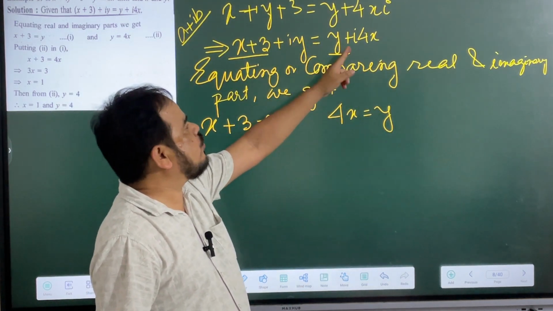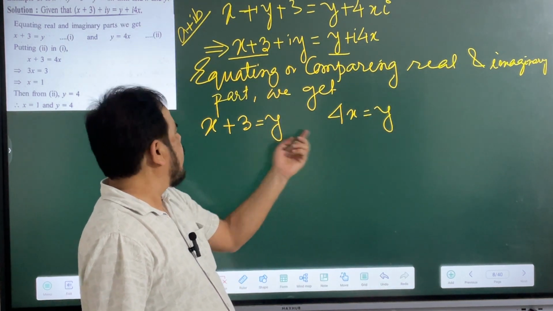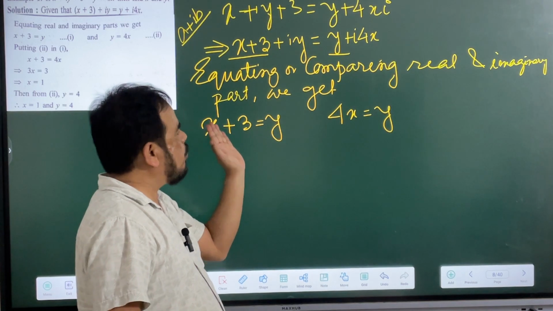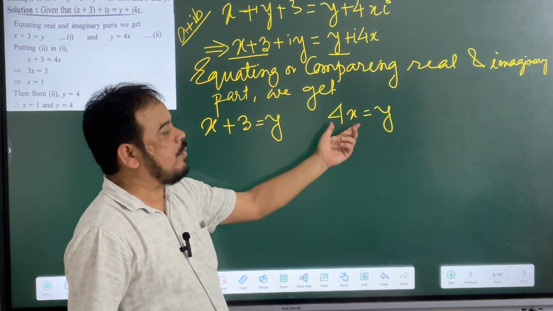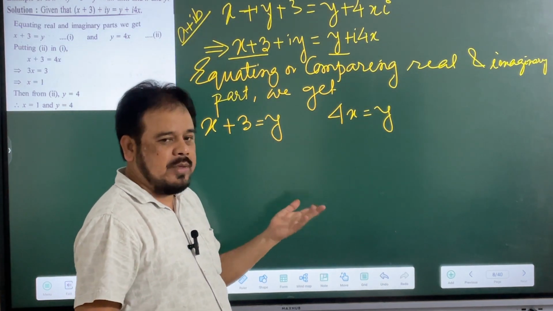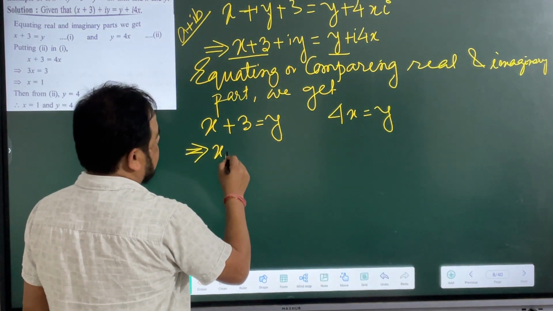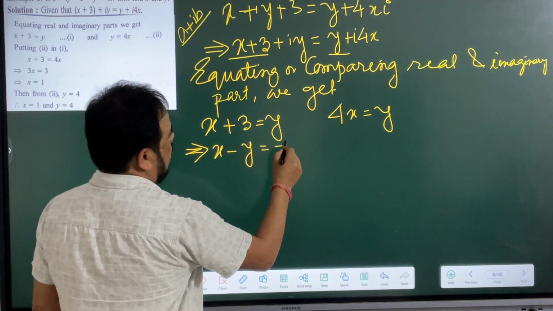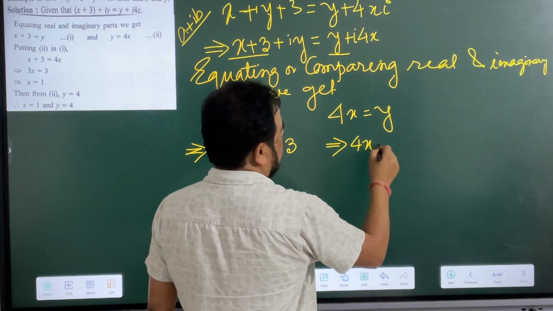If I write y equals 4x, then y will be before the equal sign, but here x is before the equal sign. So in order to make both the equations the same, I have written 4x first, because the meaning is the same. If 5 equals x or x equals 5, same thing. So now we will write x minus y equals minus 3. Here we will write 4x minus y.